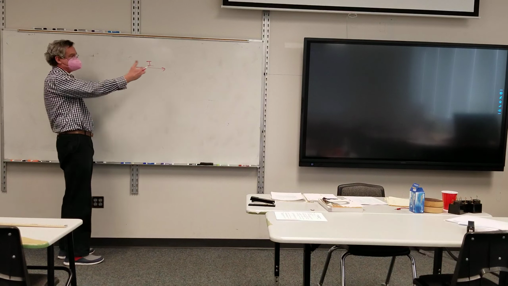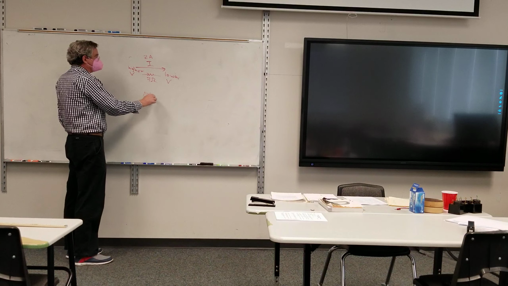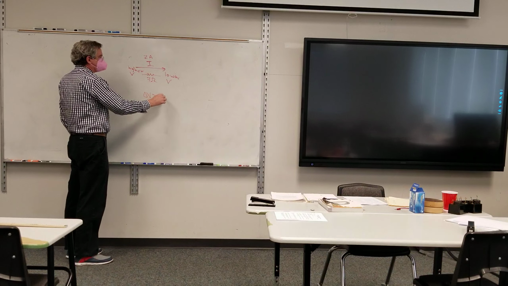So if this is a 7 ohm resistor and this current is 2 amperes, well, from Ohm's law, I know that the change in potential is IR, so that's 2 times 7. So I have 14 volts.